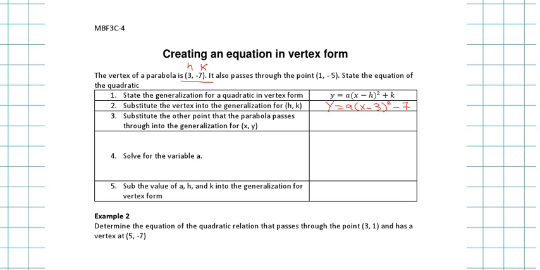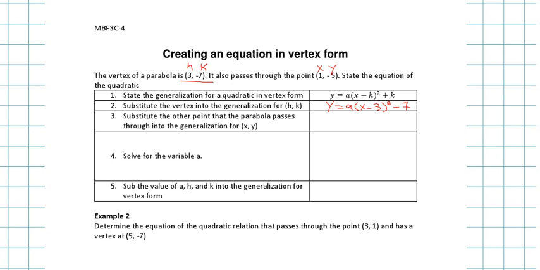The other point. Right? I'm given a point that is on the graph, so it's going to satisfy the equation. So if I plug in that point, which is x and y, into my equation, I will only have a left as an unknown. I can solve for it.